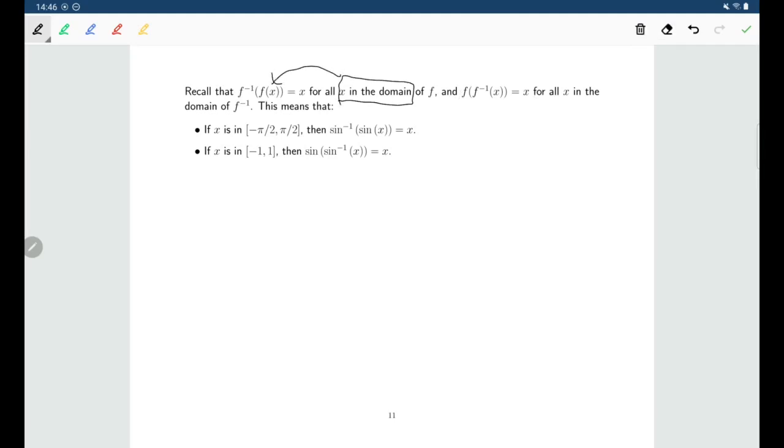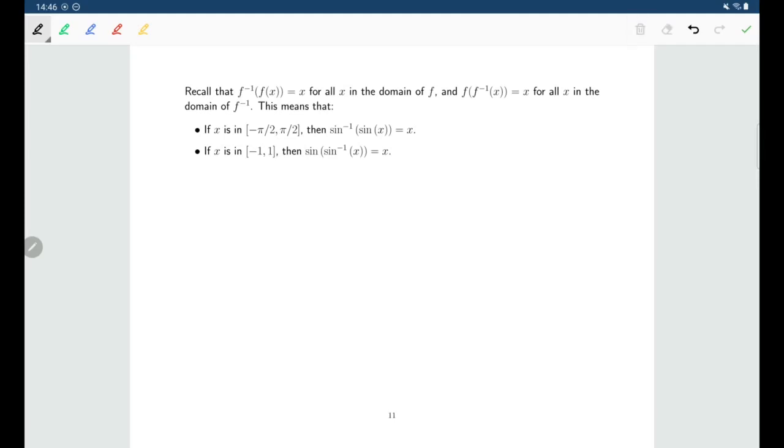So if x is between negative pi over 2 and pi over 2, in our domain for sine of x, then sine inverse and sine will cancel each other out. Similarly, if x is in the domain of sine inverse, between negative 1 and 1, then sine composed with sine inverse will cancel each other out.